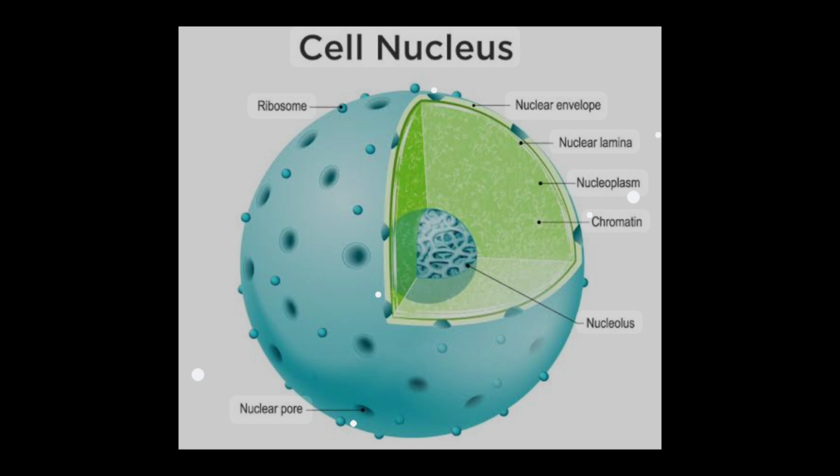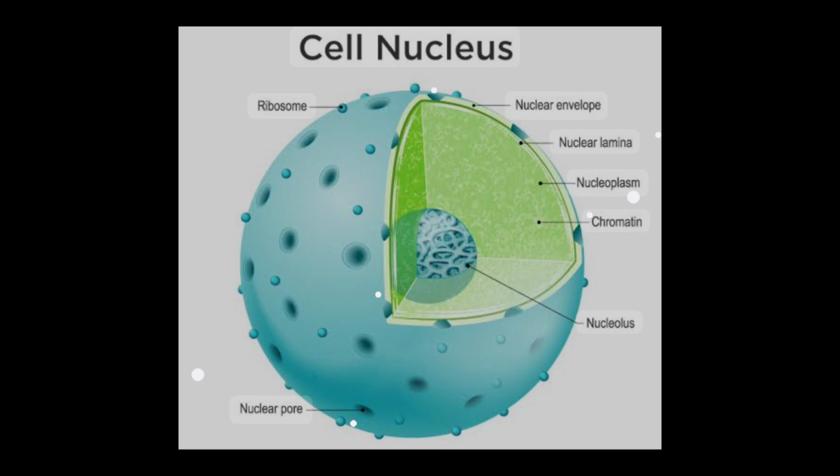Move on to the next part of the cell, the nucleolus. Main characteristics of the nucleolus: one or more round-shaped substructures present inside the nucleus. Chief functions: it produces ribosomes, participates in protein synthesis by forming and storing RNA, and directs ribosomes to synthesize proteins.